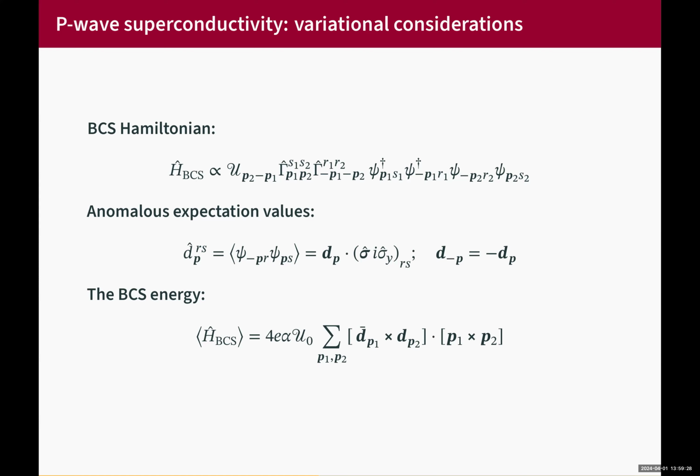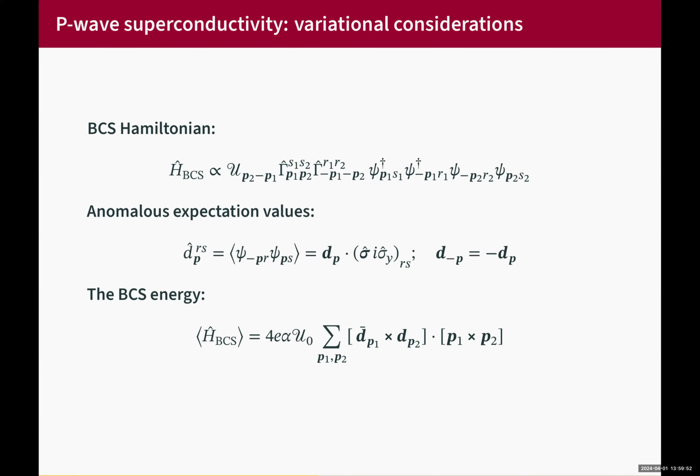Then the BCS energy, the expectation value of the Hamiltonian, is just like this, at least for the short-range interaction, which is just a convenient tool to describe the symmetry of the solution. Of course, this instability will hold for the real Coulomb interaction too.